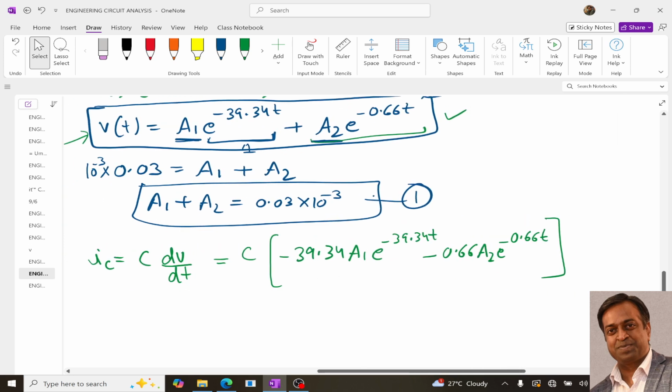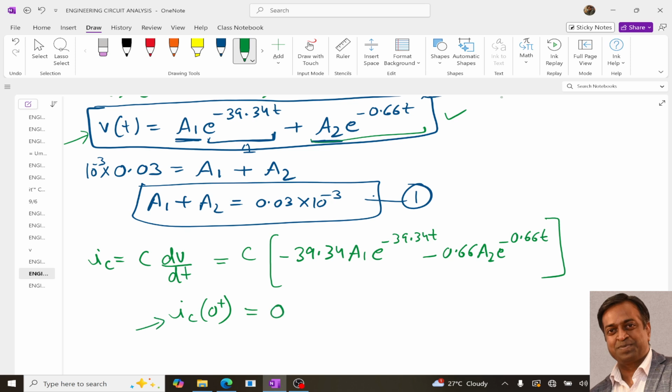Right? Now substituting, like IC at 0 plus, we determined that it is 0. So if it is 0, we will put 0 equals C, and then at t equals 0, these terms will become 1.